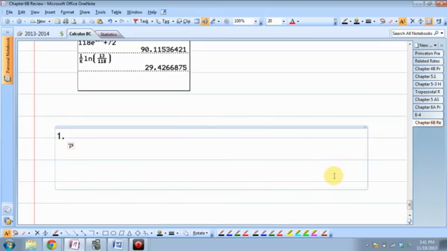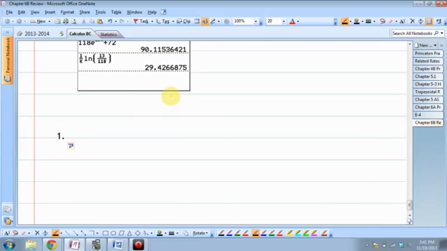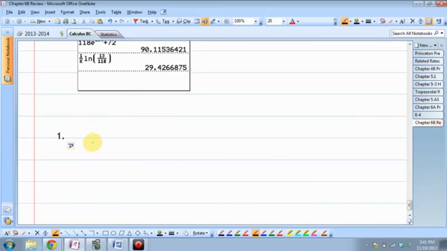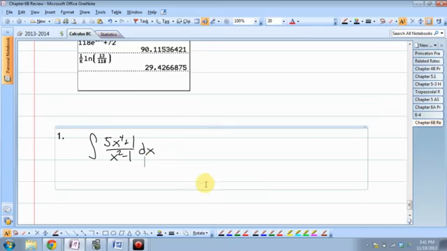Okay, we have an integral of 5x to the 4th plus 1 over x squared minus 1 dx. So the key here is the degree of the numerator.